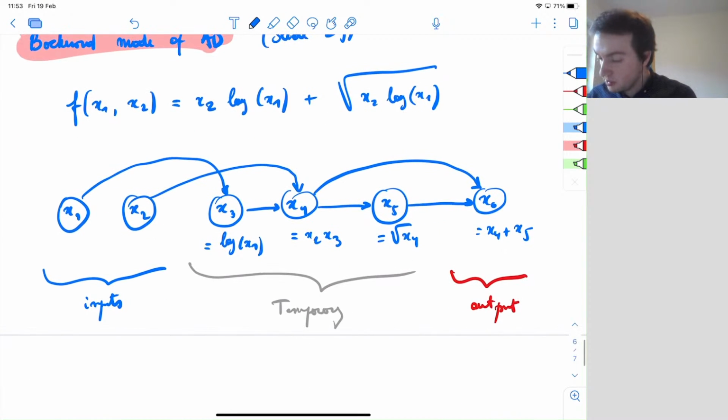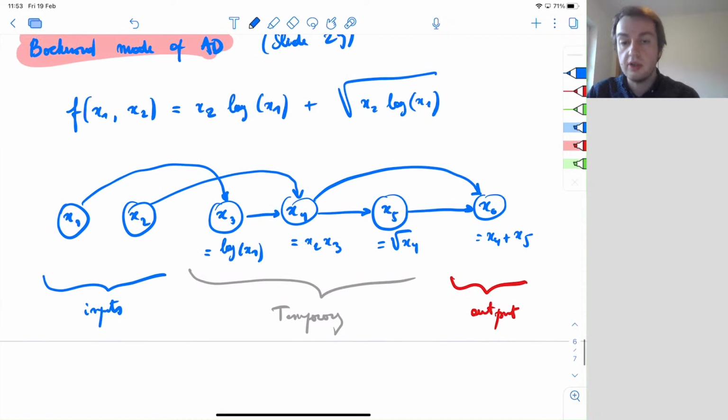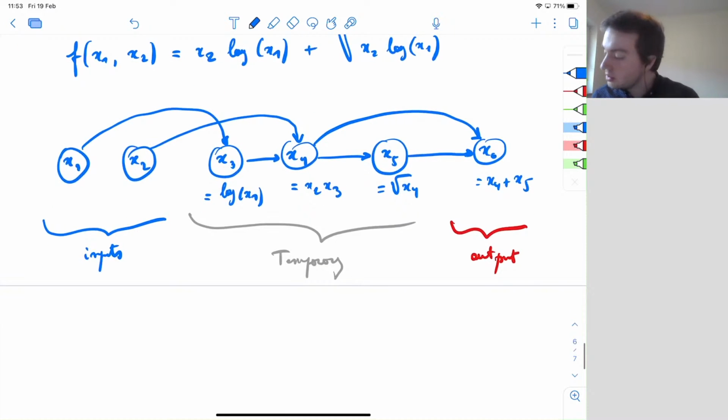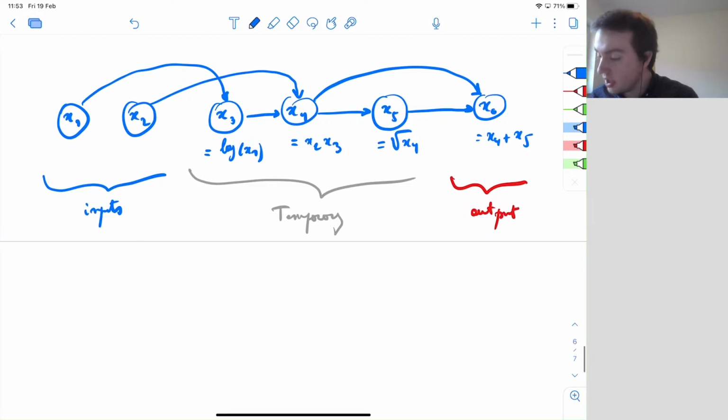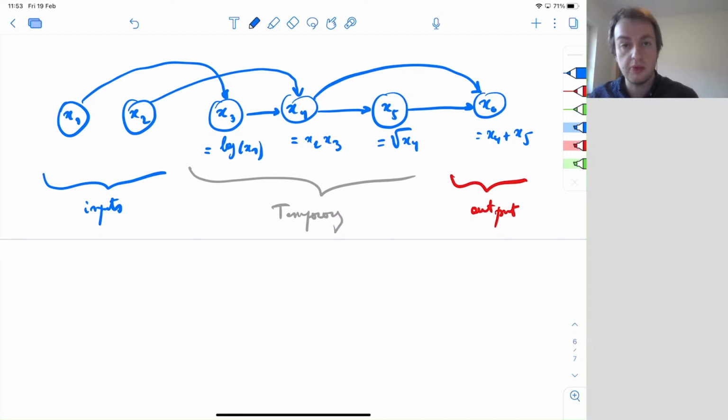So same problem as before, and we'll just follow the new recipe, the one of reverse mode automatic differentiation. Backward. So we'll apply this backward recursive update over the graph. So the first step is to initialize. We still want to compute the Jacobians of the output with respect to the inputs, right?